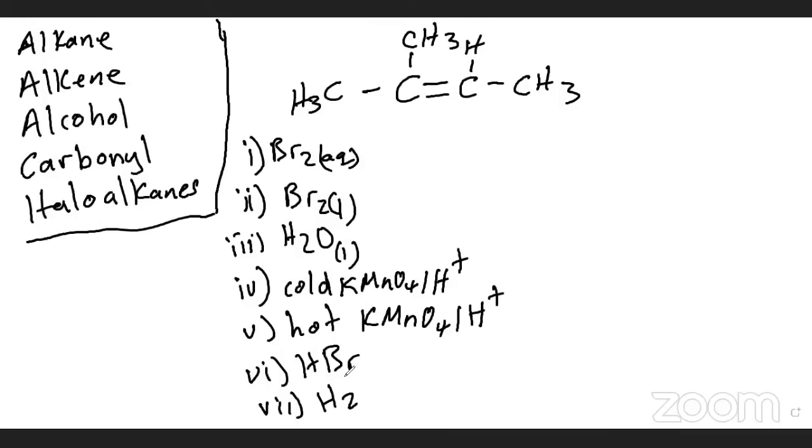Now what you should do is ask which compounds are present that can react with another functional group. Do we have any reagent here that reacts with something other than alkene? This one can react with alkane.